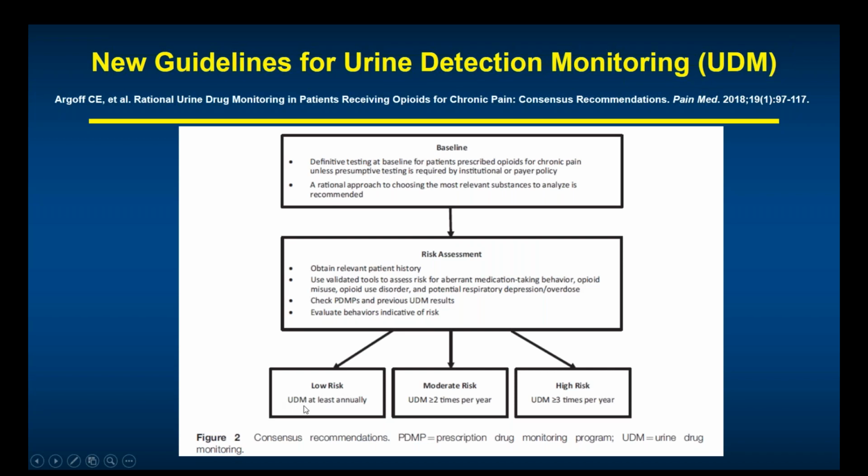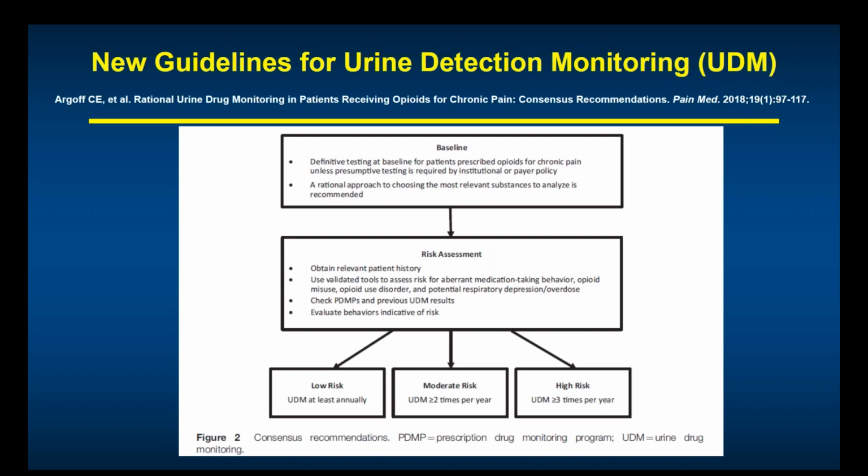If low risk, we set minimal standards for at least annually. If moderate risk, at least 2 times per year, and these would be random. And at high risk, urine detection monitoring would be greater than 3 times per year, and again, these would be random. And for urine detection monitoring practices as part of the informed consent and expectations, patients would be told and informed that this was a condition of their care.